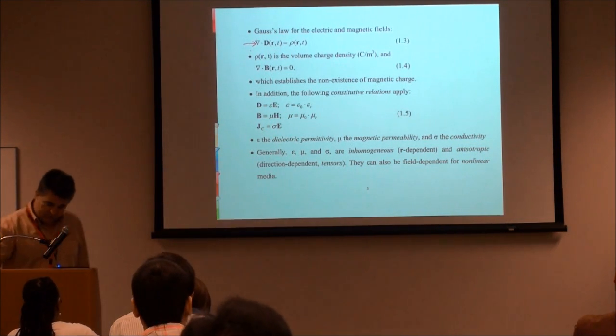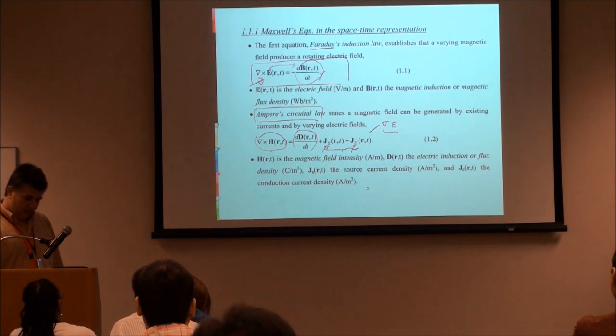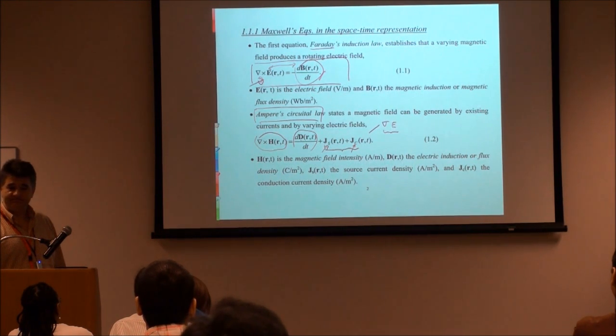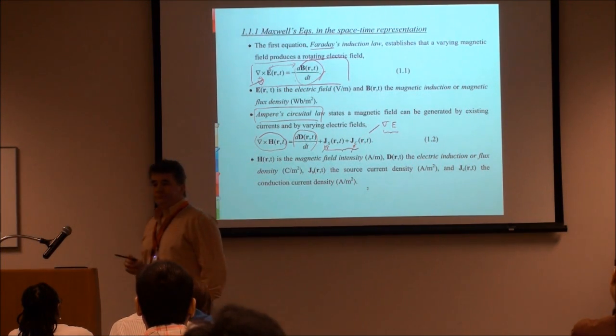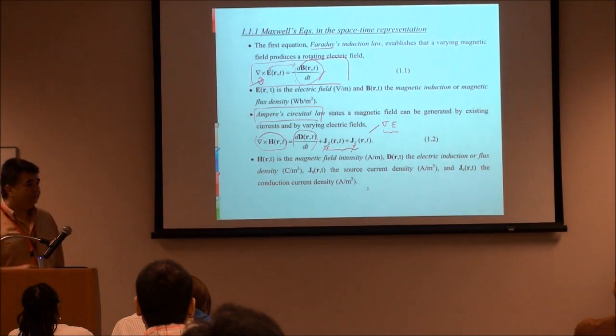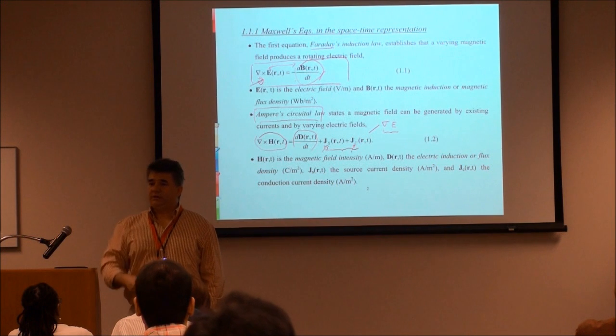So let's see what we have so far. We have E's, we have H's, but unfortunately, on the right-hand side, we have B's and we have D's. That complicates things a little bit. How is D different from E? Anybody? Permittivity. So what does that mean in English?